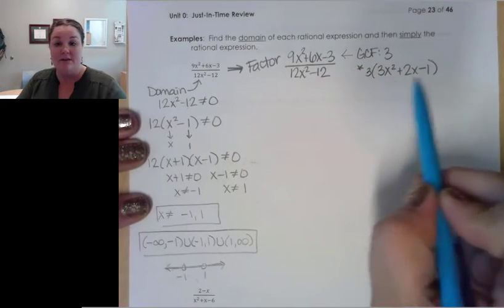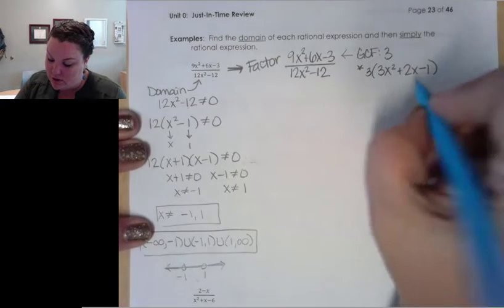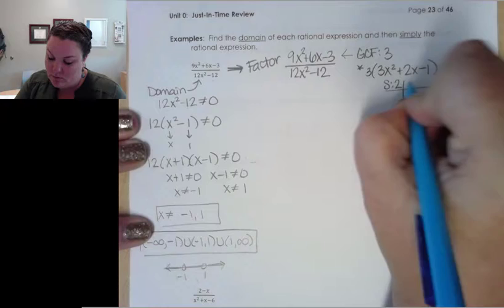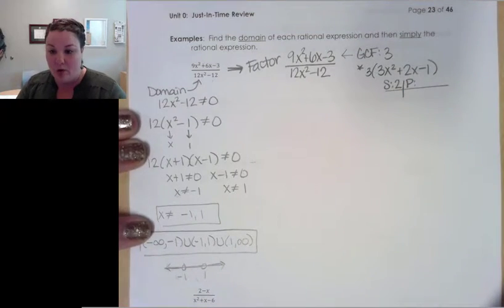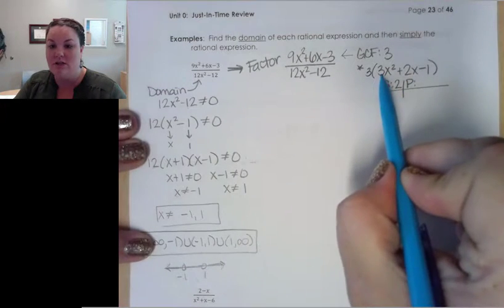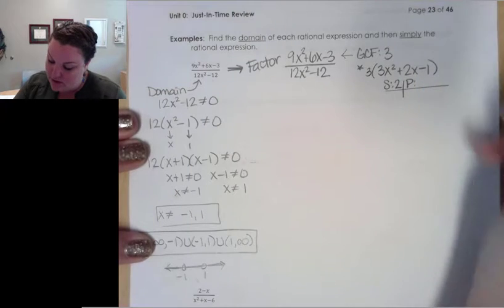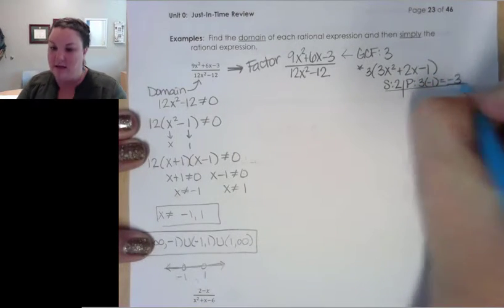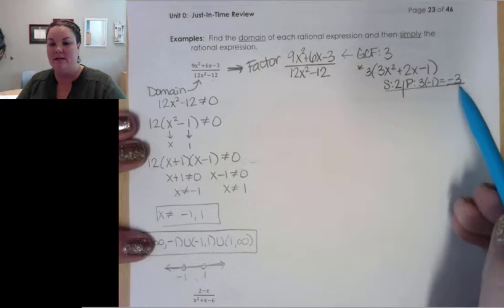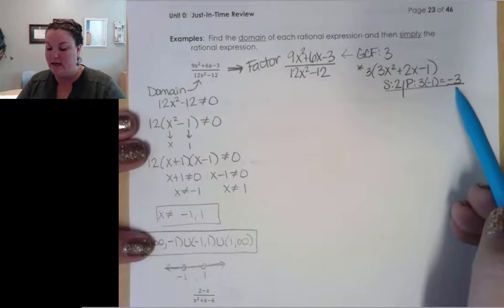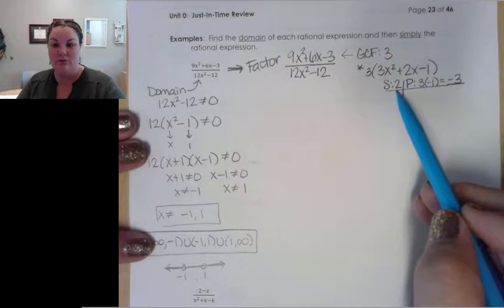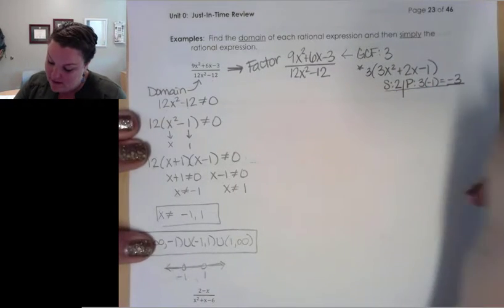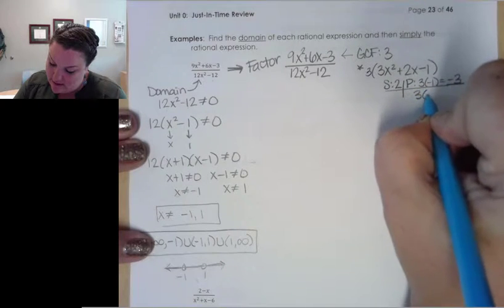To further factor this, I have 3 terms, so I'm going to use a sum product chart. My sum is going to be my middle coefficient, which is a 2, and my product is going to be my first coefficient times my last coefficient. So 3 times -1 is -3. I need to find something that multiplies to -3 that I can combine to get 2, which would be a +3 and a -1.